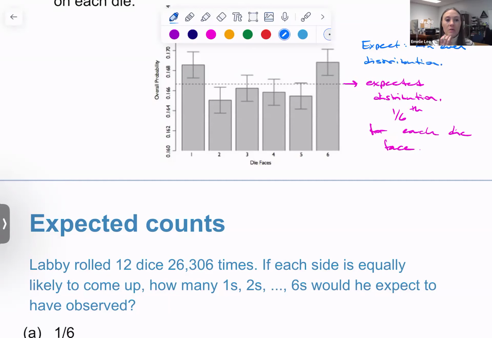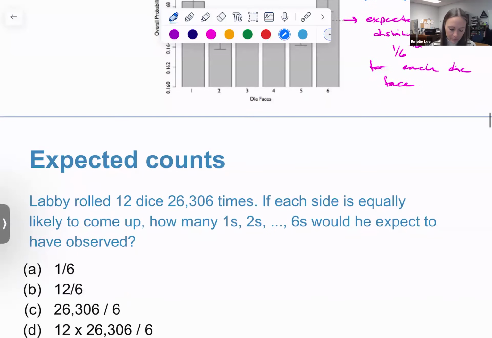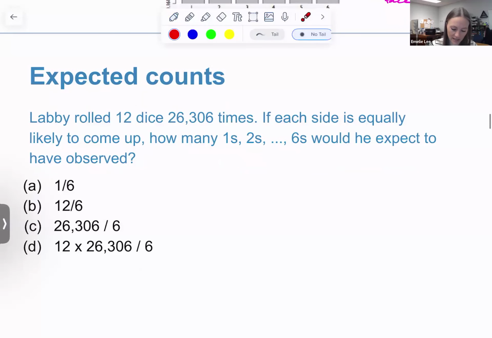I'm going to show you this one where we expect an even distribution, but also another example where we expect some other distribution. So you need to be familiar with both types, but they behave the same way, so that's nice. So what we can do is find expected counts.